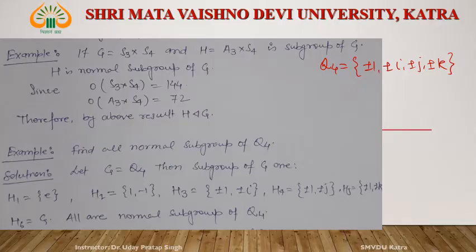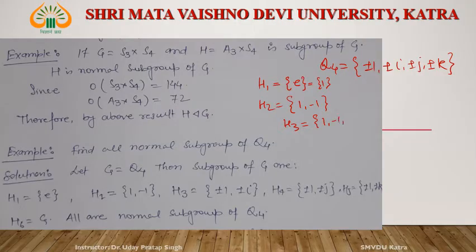Right? Then what is H1? We start with the smallest subgroup E. E means identity, that is 1. What is H2? 1 and minus 1.